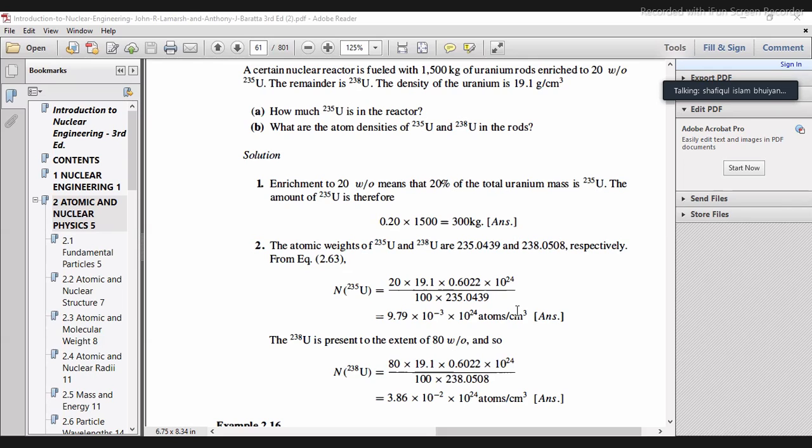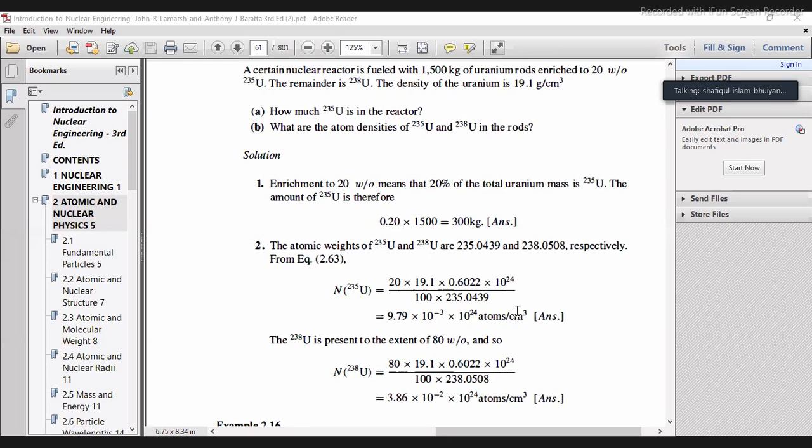Like, say, in our TRIGA fuel meat, what we have is uranium-235, uranium-238, and then what else do we have? We have zirconium hydride. Very complicated thing. Zirconium, and then hydrogen, combined together as zirconium hydride. So these are very complicated things to be considered.